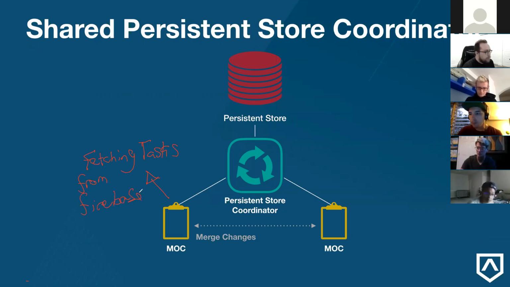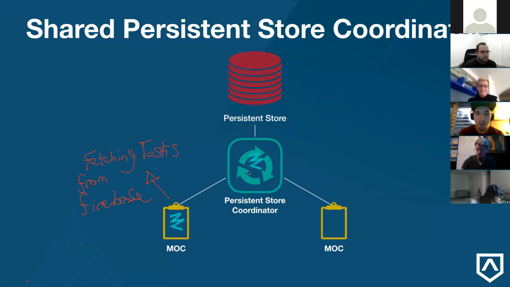So that's going to be its job: when we fetch tasks from Firebase, we're going to put them on this managed object context. So when we get those changes, we're going to write those changes to the managed object context. And then when we call save, it's going to throw those up to the persistent store coordinator so it can get saved to the persistent store.